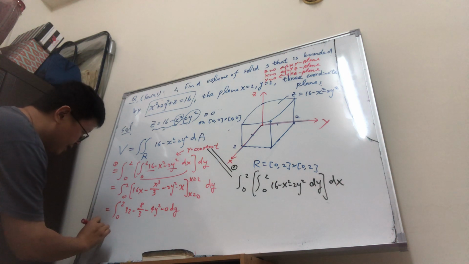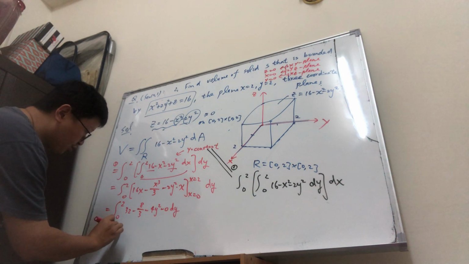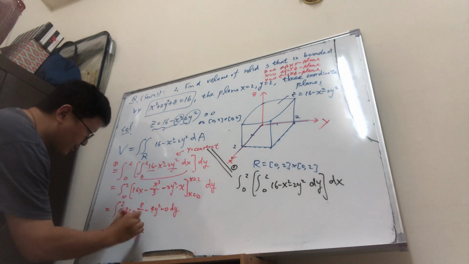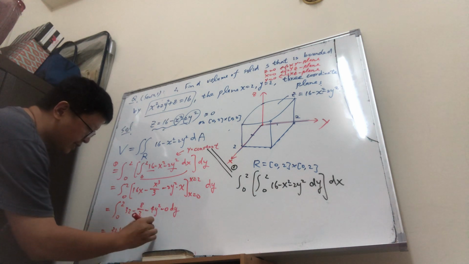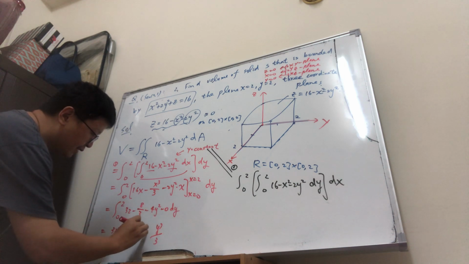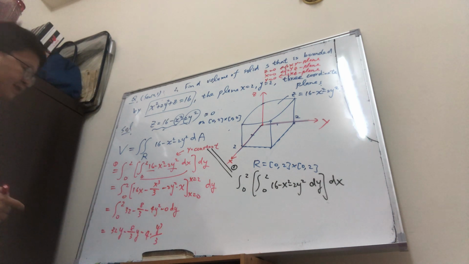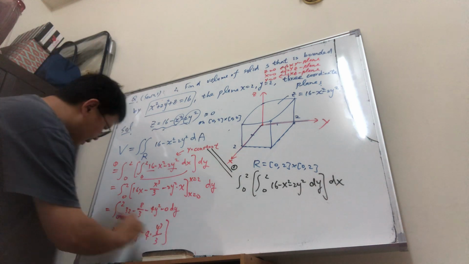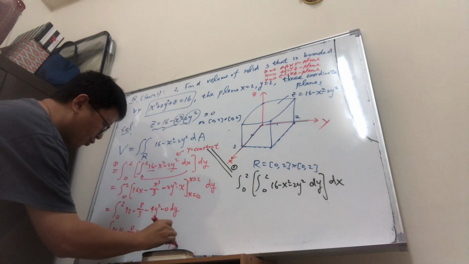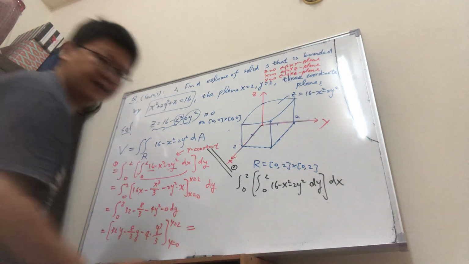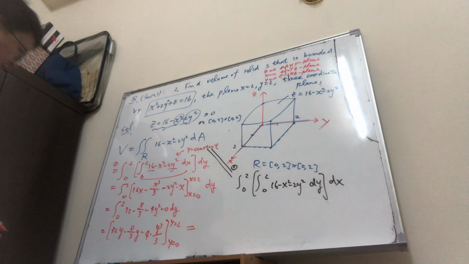And what's this? This one is 32y subtract 8 over 3 y, subtract, y squared's integral is y cubed, but we should divide by 3. But originally we have the coefficient 4, so here, and y goes from 0 to 2. Let's see what's the final solution.